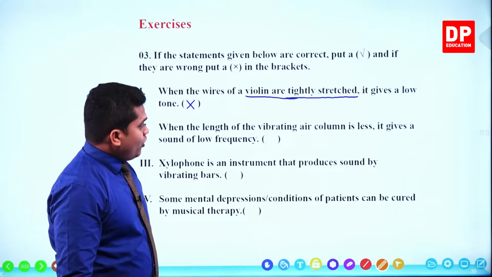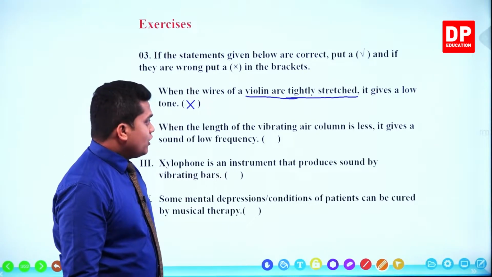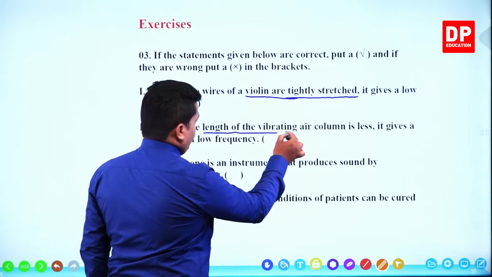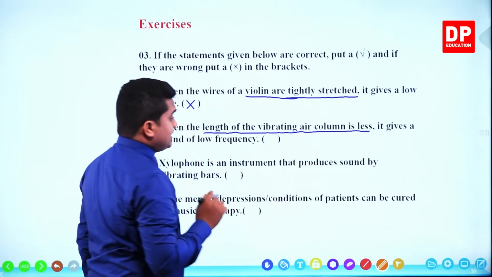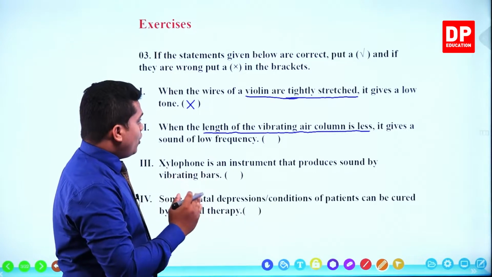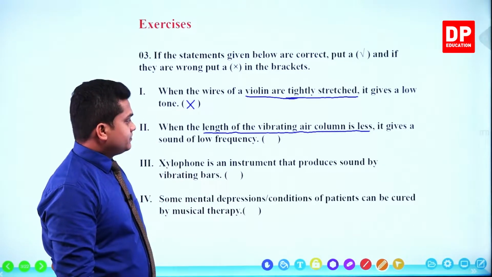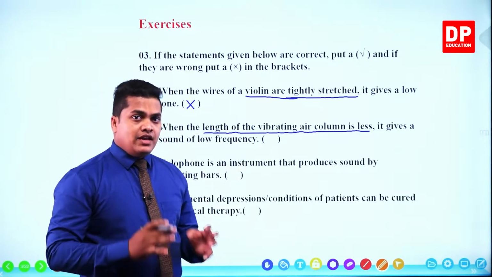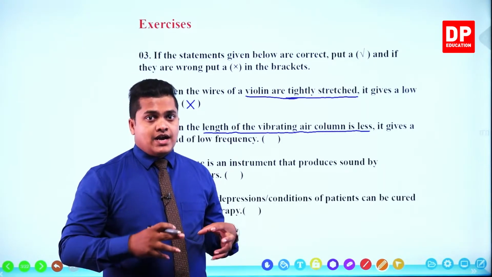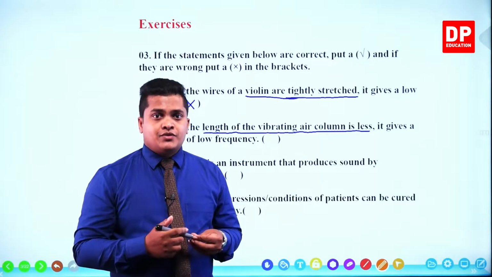When the length of the vibrating air column is less, it gives sound of low frequency. When the length of the vibrating air column is less, there are fewer air particles, no?